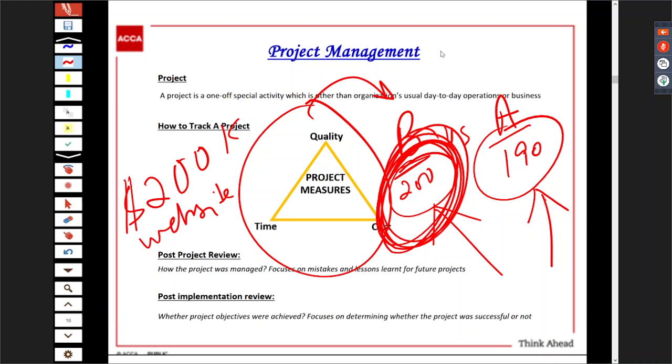So the marketing director said that if we have a website, our revenues will definitely go up by 30%. So now we will track whether our revenues have actually gone up by 30% or not. Supposing the revenue did not go up. We have developed a website, but the revenue has not increased. Is the project successful or a failure?